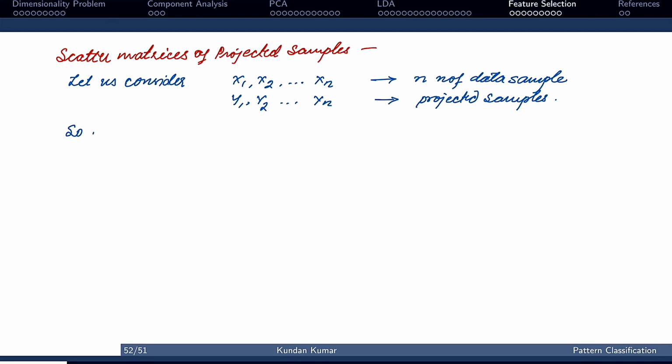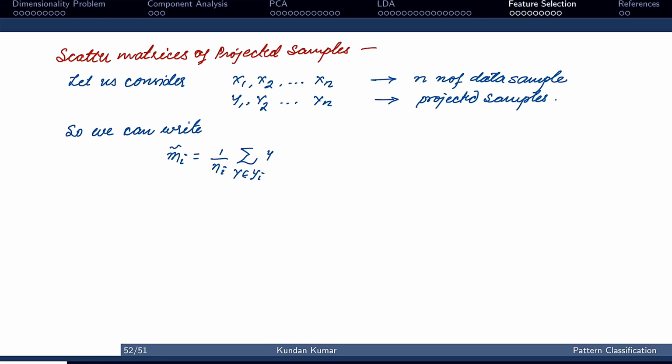So we can write mi tilde, where mi tilde is the mean of projected samples from the ith class. So that is basically 1 by ni times the summation of projected samples, where the projected samples belong to the ith class.